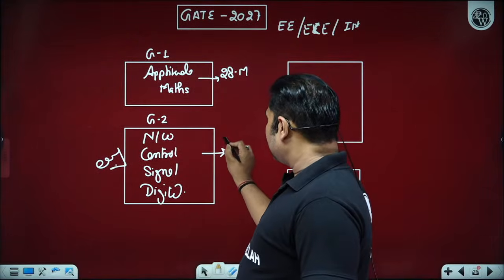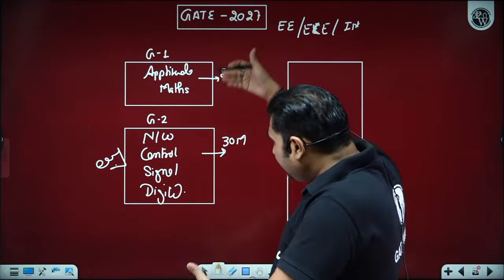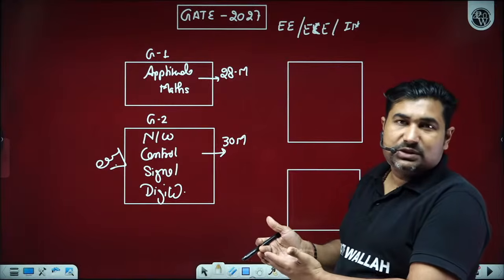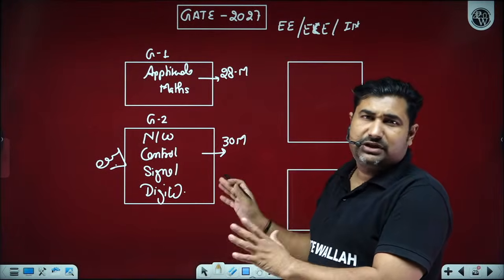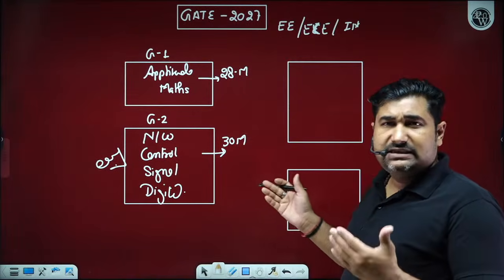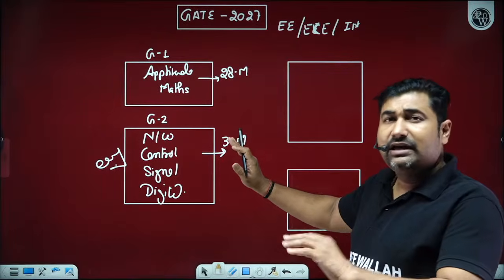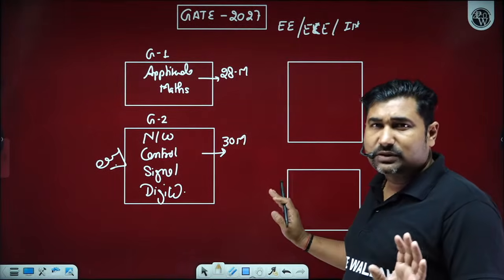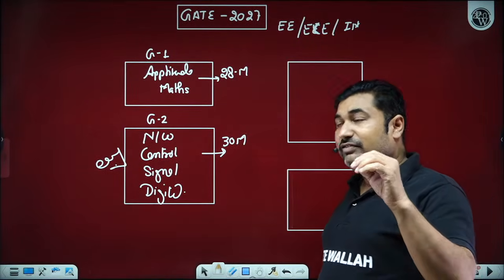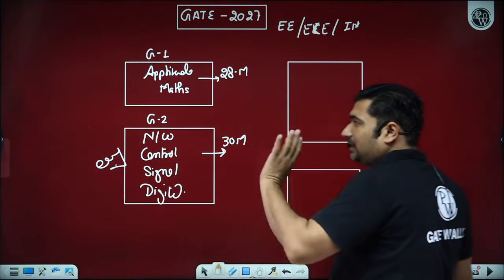Here the marks are around 30 marks. If you combine them, most of the PSUs are going to call you for interview, and there are very high chances you will get placement in PSUs and get selected in an IIT. Not the first preference, but maybe you get third or fourth preference for doing MTech.